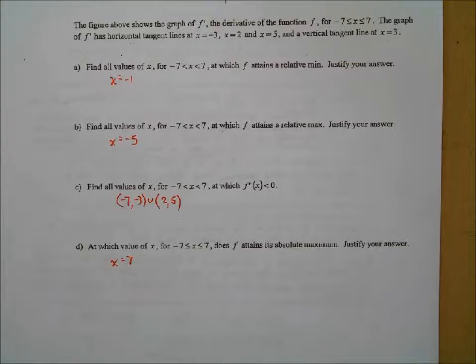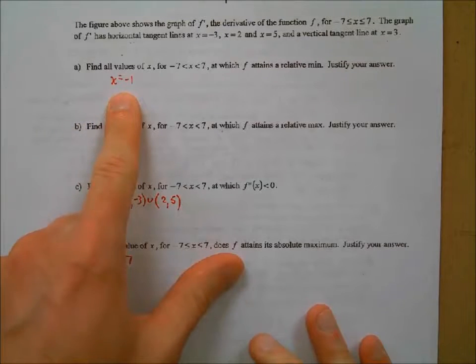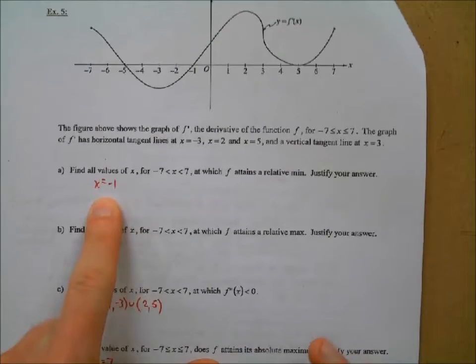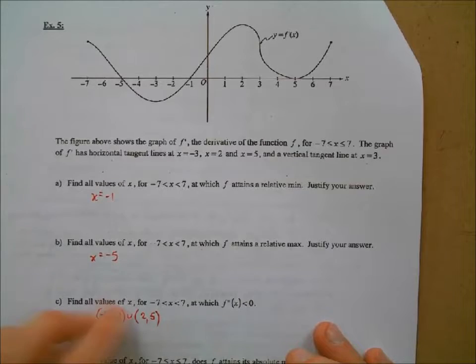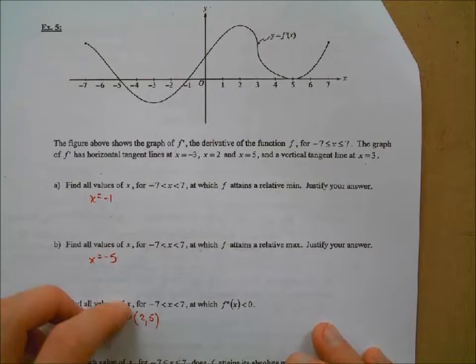So hopefully we were able to identify that letter A was x equals -1. What would be our justification here? Because f prime what? Changes from negative to positive at that point.